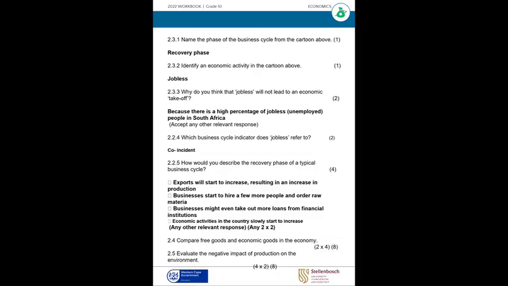So you need to look at what production is doing with regards to the environment. And very important here, they specifically ask you about the negative impacts, right? They're not asking about the positives. They only want you to concentrate on the negatives of production on the environment.